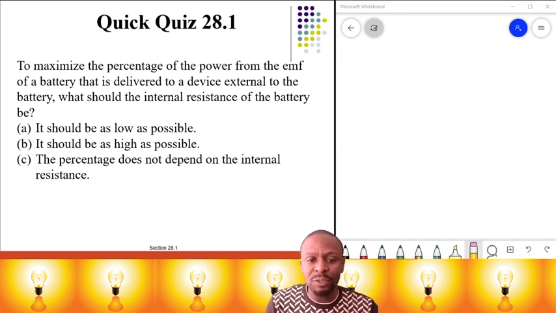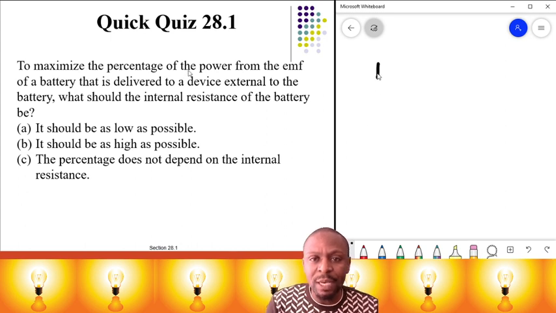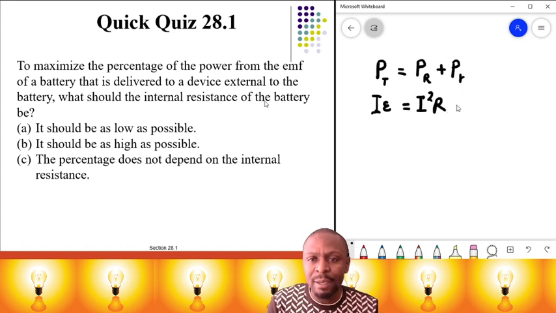Now, in order for us to answer this question, we just have to go back to that equation. You remember that the total power is nothing else but the power delivered to the load resistor plus the power delivered to the internal resistor, and this is just I times the EMF, and this one is I squared R plus I squared small r.